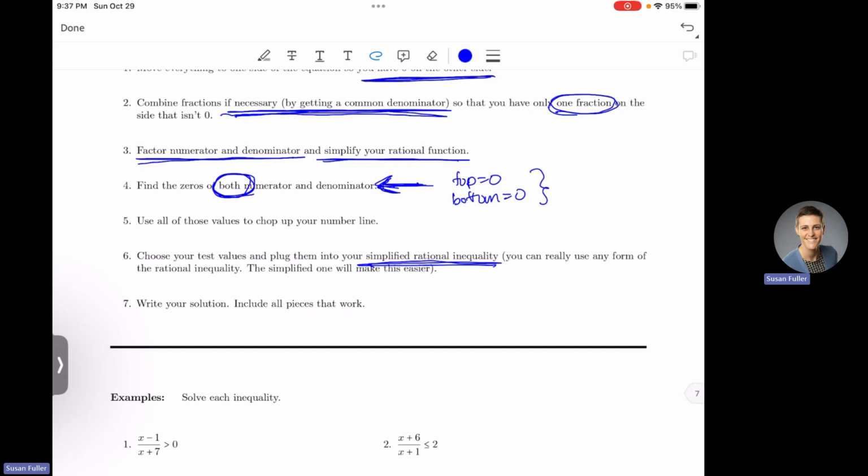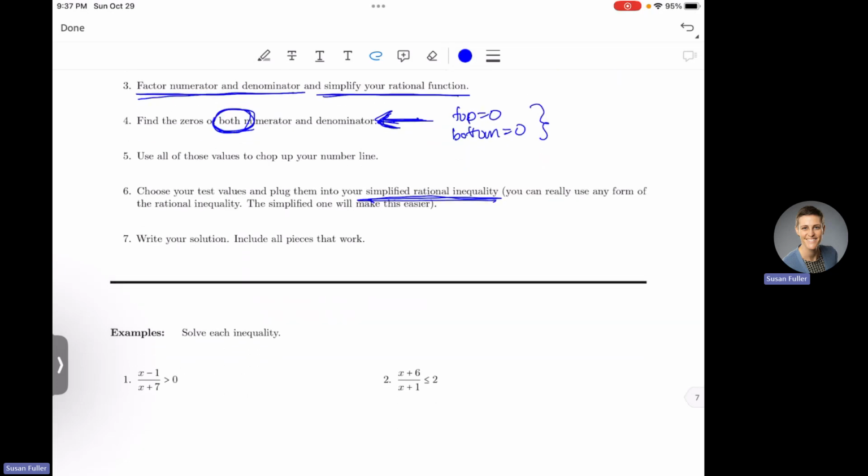You can also use your original, but if you had any canceling, it just generally makes your life easier to put it into the simplified one. So that's kind of a choose your own adventure. So you can really plug them into any inequality that you have and you'll be just fine. And then I want you to write your solution just like normal with interval notation and include all of the pieces that work. Okay, so let's do this.